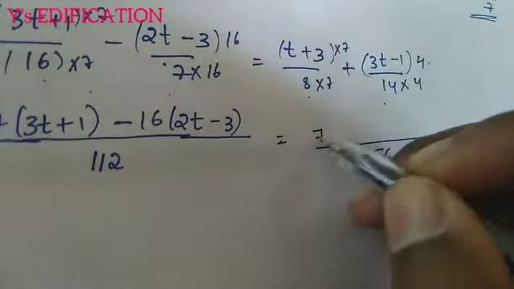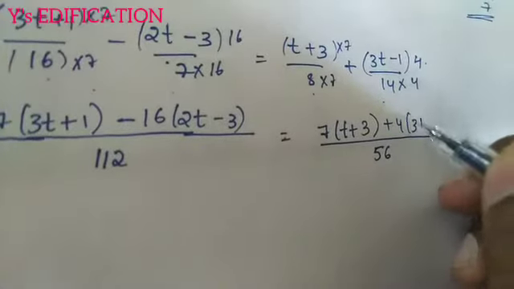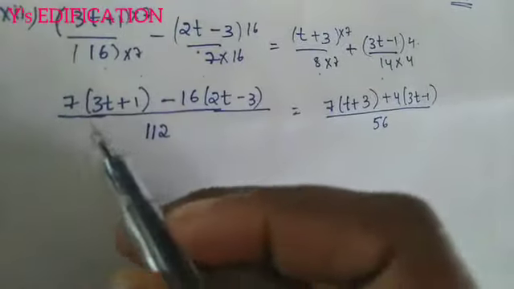Okay. So 7 into t plus 3 plus 4 into 3t minus 1. Okay. So what will it become?